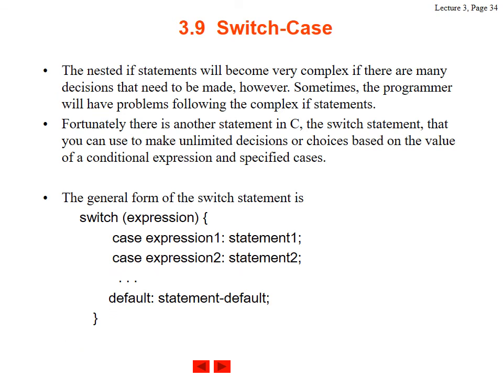So the nested if statement will become very complex if there are many decisions that need to be made. Sometimes the programmer will have problems following the complex if statements. So there are other ways of writing these statements which are very easy. Let's say there's one condition that we want to check on a certain variable.